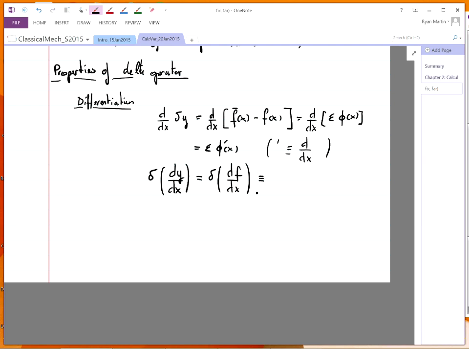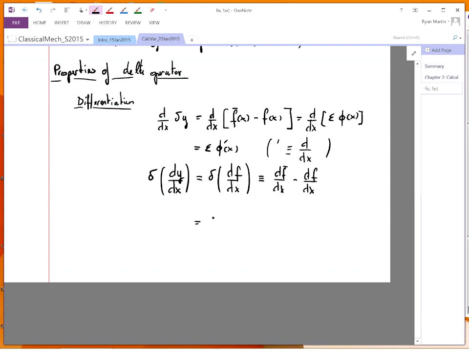So the variation of df by dx is the varied value of df by dx minus the unvaried value of df by dx. So it's df bar by dx minus df by dx. The varied thing minus the unvaried thing.